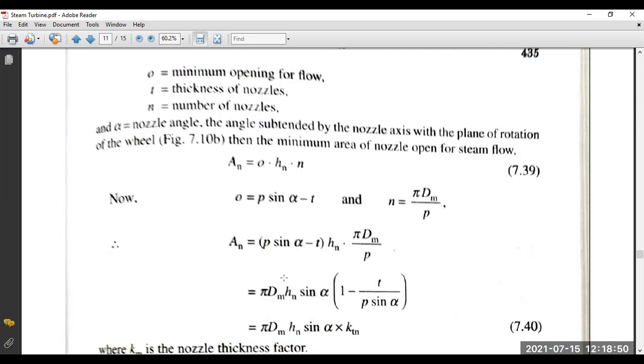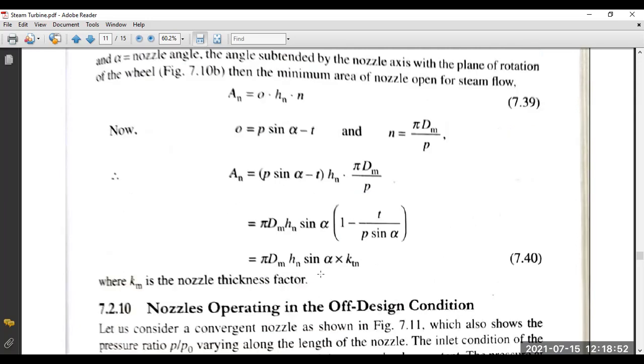So it is pi dm hn sin alpha times km, where km is the nozzle thickness factor. So what is this? Dm is the mean diameter of the nozzle itself. Hn is the height of the nozzle. Alpha is the angle of the nozzle with the horizontal, and km is the thickness factor itself.